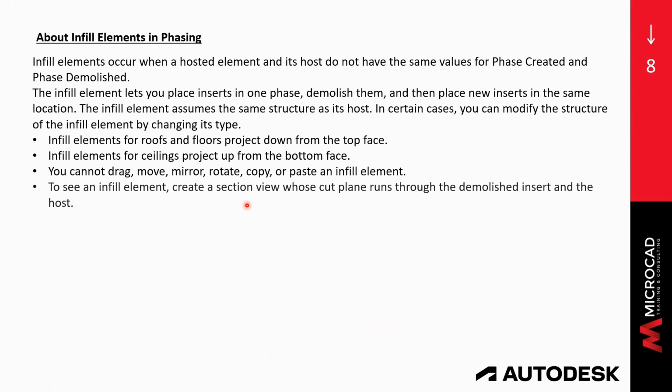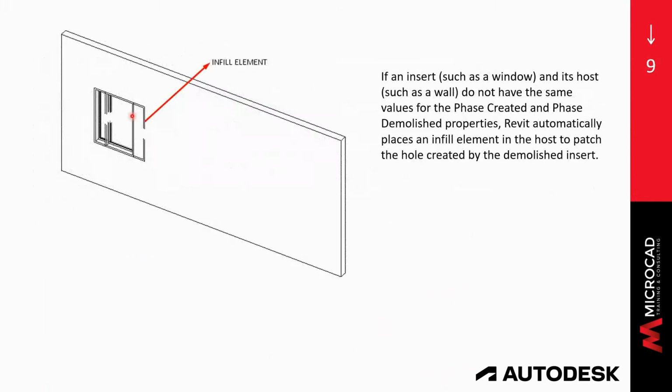I have here a graphic display of how that looks in the project. This is an existing wall where I created a window that was demolished in the new construction, and then I placed a new window on it.